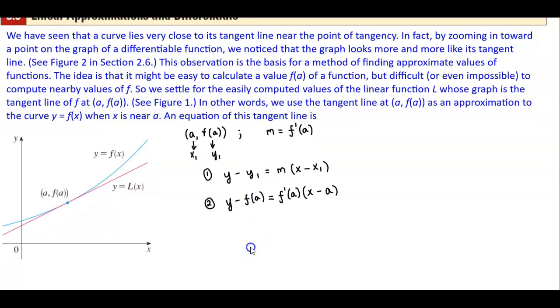And so therefore, if we solve for y, then we're going to get y is equal to f of a plus f prime of a times x minus a.